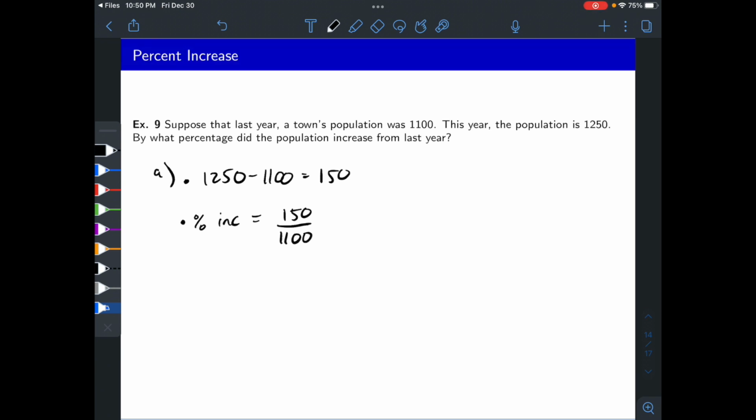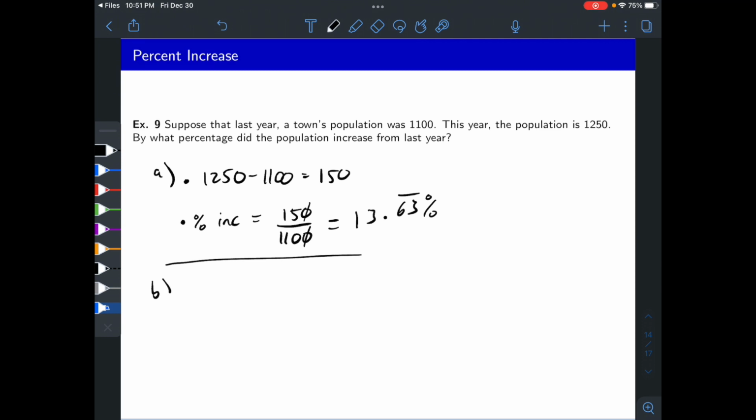This is the same as 15 over 110, so I'm going to pop that into a calculator. 150 over 1,100 is equal to 0.136363 repeating. So I'll say this is 13.63 repeating percent. This would be your percent increase.